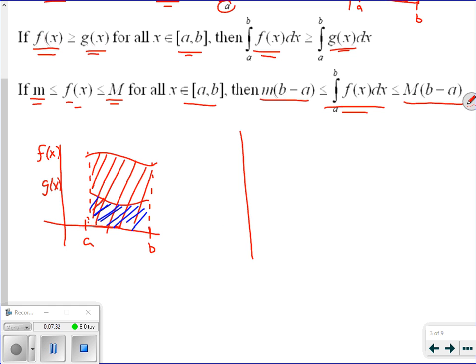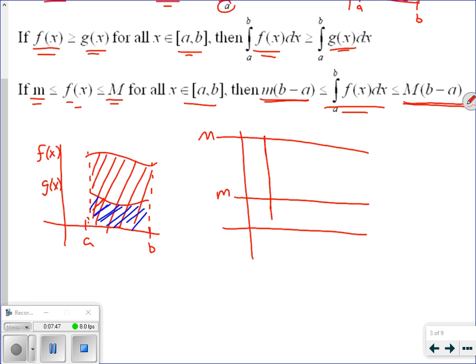We know from a previous property what m times b minus a and capital M times b minus a mean. Here's lowercase m, here is capital case M, and we're looking between a and b. And then here is f of x, which was said to be in between them.